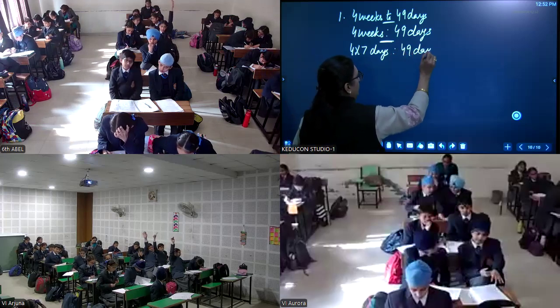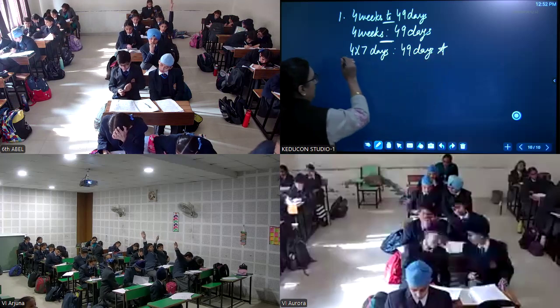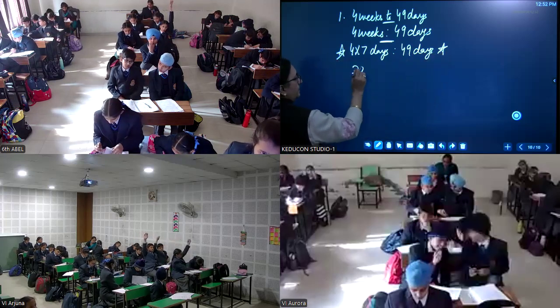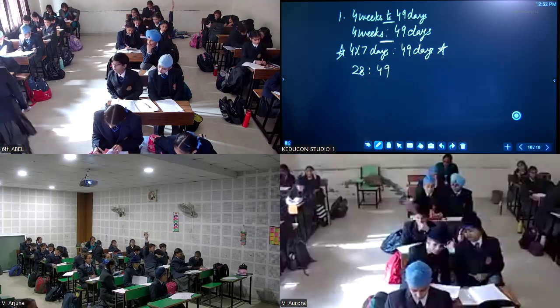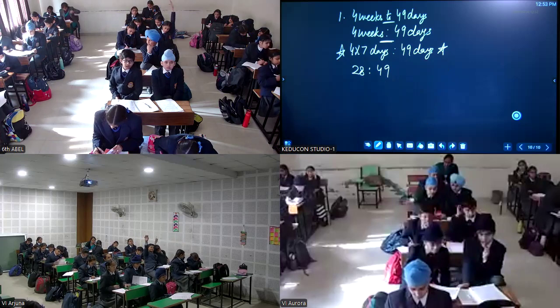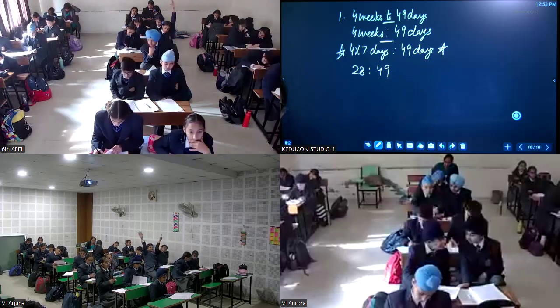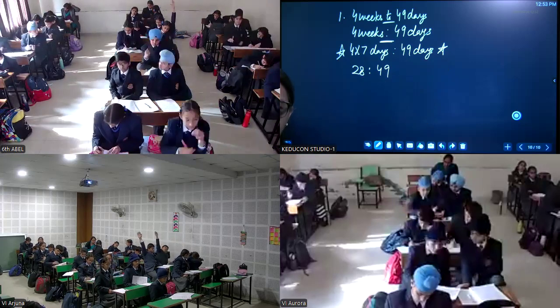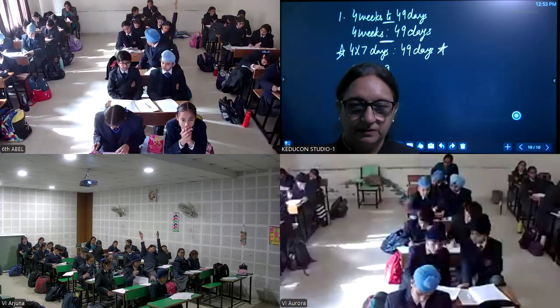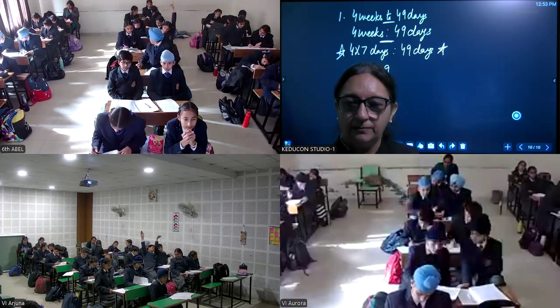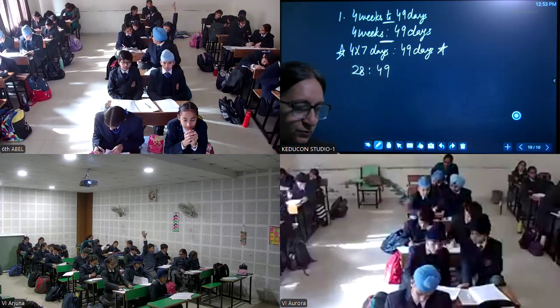First thing is to convert. This is the most important step. Then we will be writing as 28 ratio 49. When you write the ratio, no need to write weeks and days. No need to write days and days. Not required. Once you have made the unit same, you can skip it. Look at the number. 28 ratio 49.